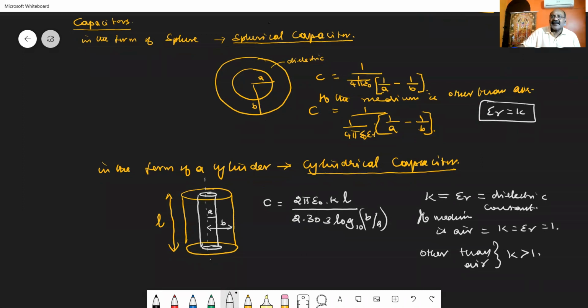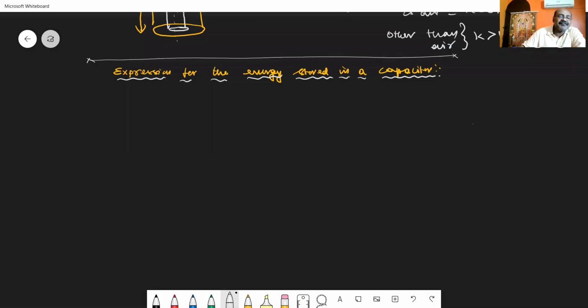You can expect a problem on it in your entrance exam. So I am considering a capacitor. The capacitance of the capacitor, let us consider it as C. This capacitor is connected to a potential difference, voltage V, so that the capacitor is charged. What is the amount of charge given to the capacitor?